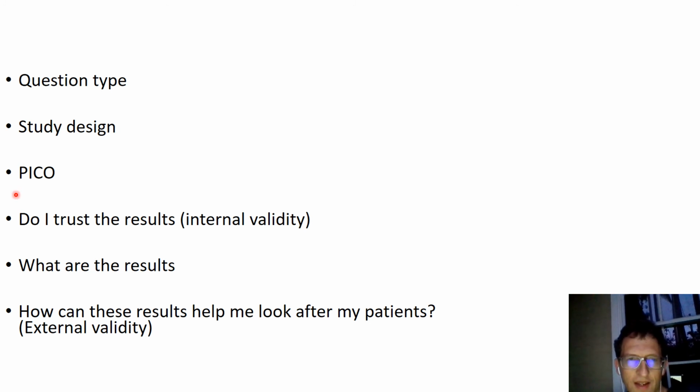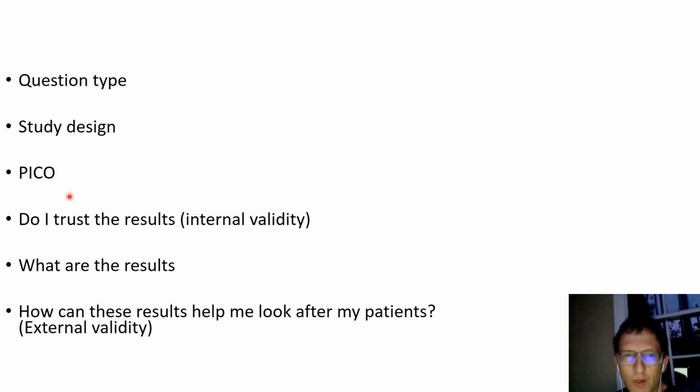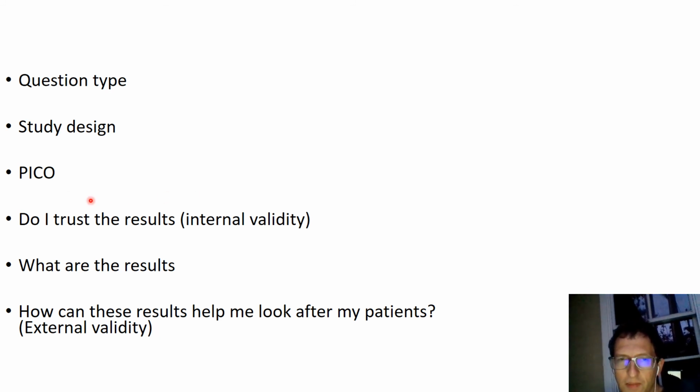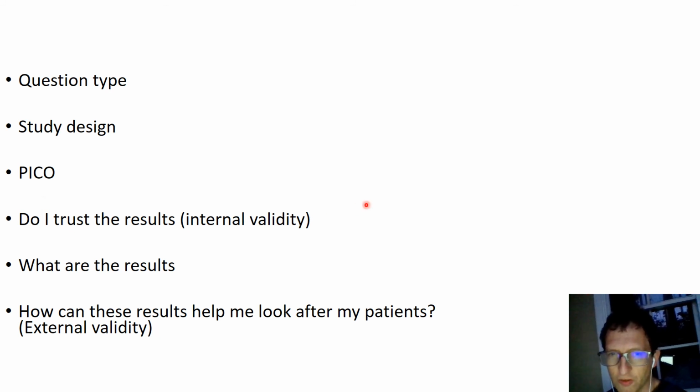We've then identified the PICO of the paper, reflecting as we do that on the PICO of the patient that I had in mind. We've then done an inspection of the paper for DENSE, which is the biases and the presence of unequal distribution of prognostic variables, which is the assessment of the internal validity, that concept of do I trust the results.